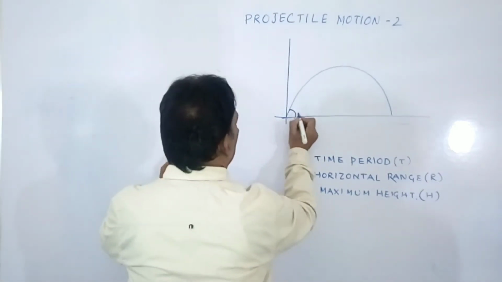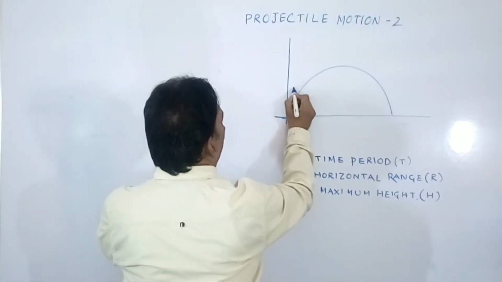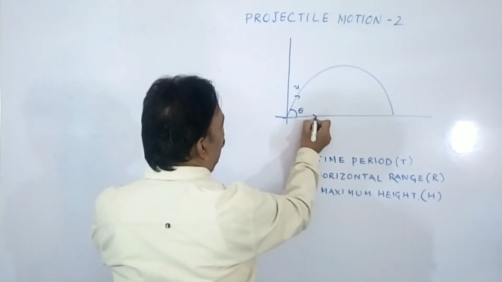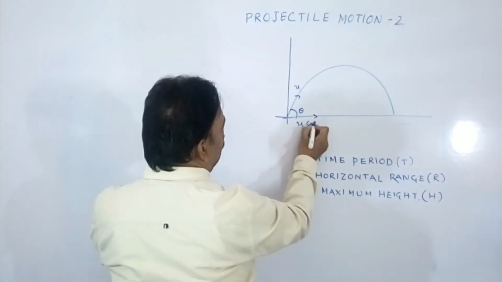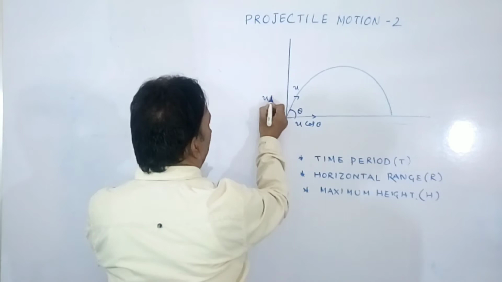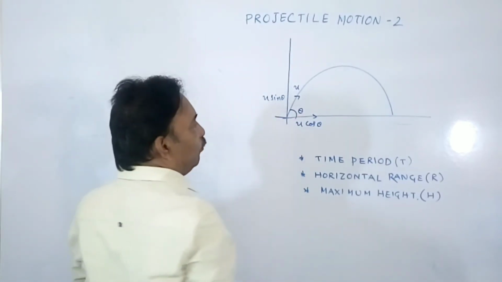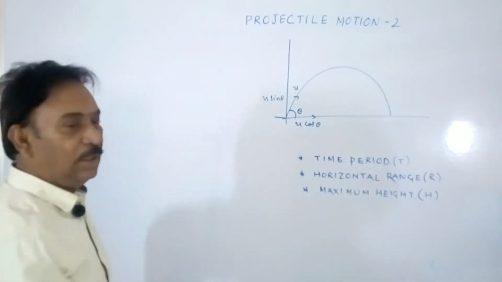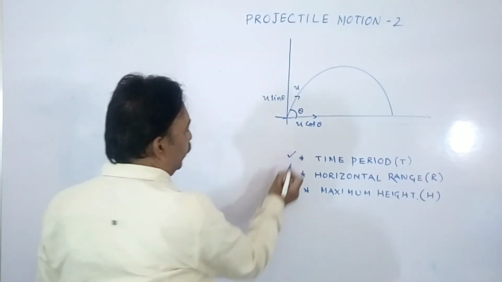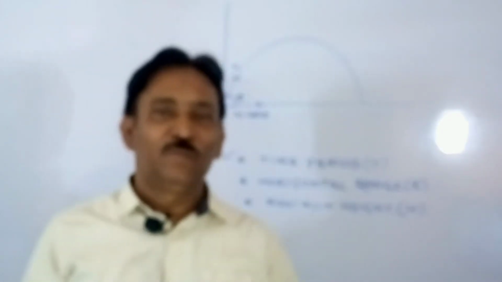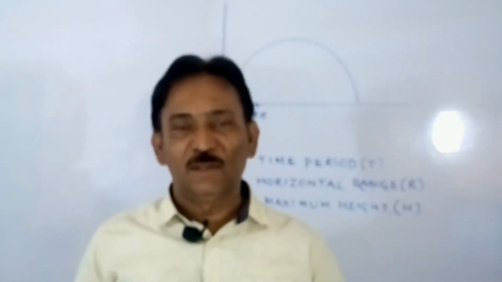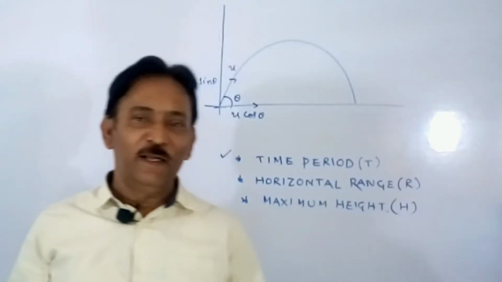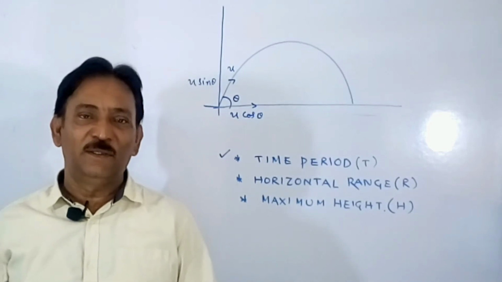Let's start. It is the projected velocity, and you know that it is u cos theta, the horizontal component, and u sine theta. Okay, first we have to find out what the time period is. This one we are targeting. What is the time period? It is the time for which the projectile remains in air, known as time of flight.